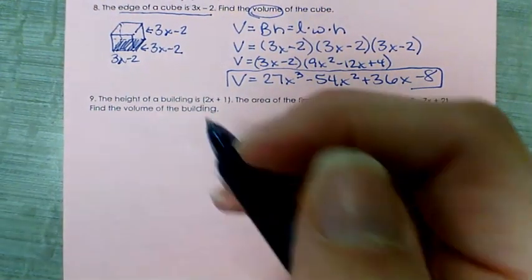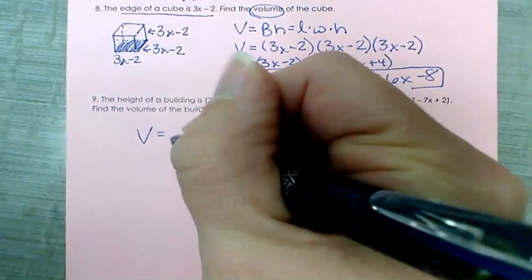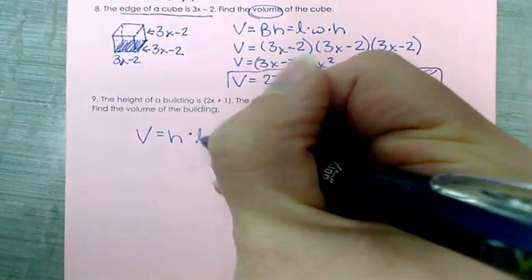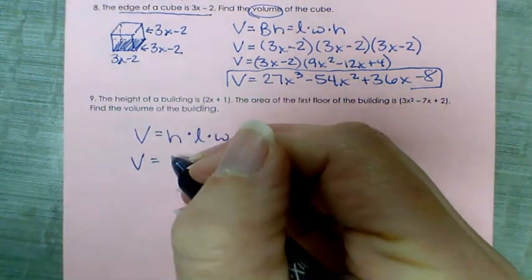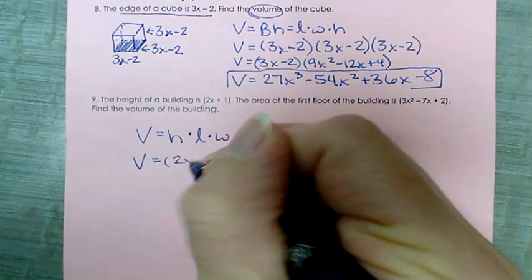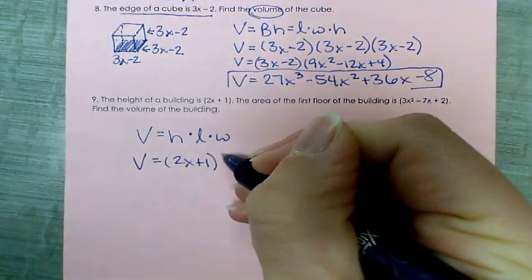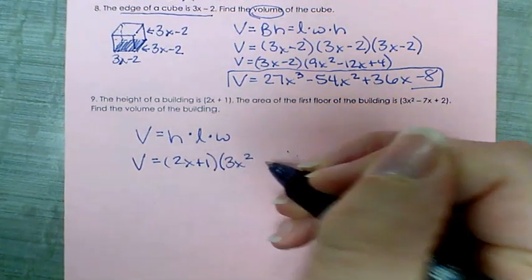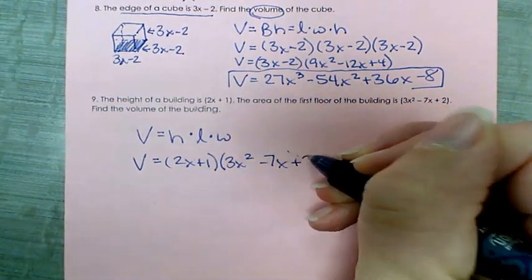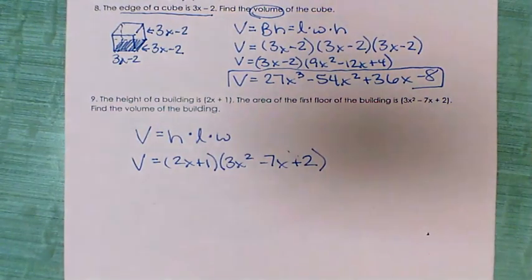So we need to determine the volume, which is the height times the length times the width. Well, they already gave us the length and the width. So our height is 2x plus 1, and our area of the base, so our length times our width, is 3x squared minus 7x plus 2. Pause your video and try your answer.